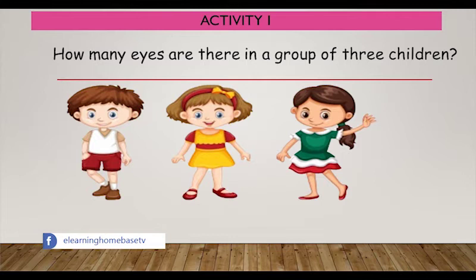How many eyes are there in a group of 3 children? You are going to count the number of eyes you see there. So we have 3 kids on our screens, and they all have a pair of what? Eyes.